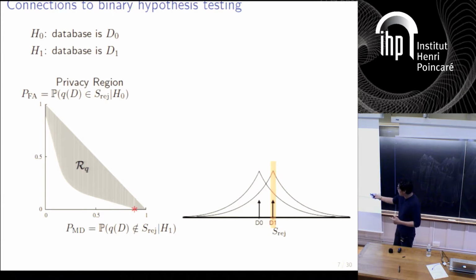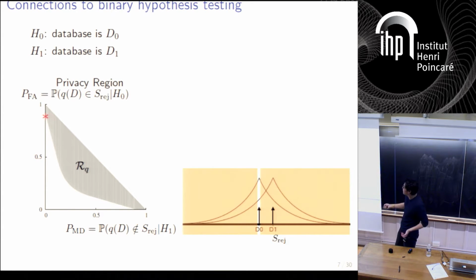If you are using, let's say, a Laplacian mechanism, then your privacy region is going to look something like this, a nice curve. Depending on how you choose your rejection set, you're traversing different points on the boundary. For different choices, you get different points, and putting them all together, you get this region.